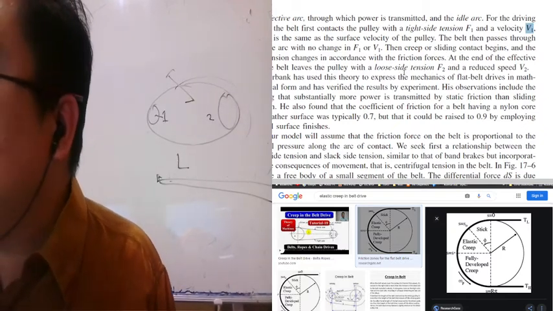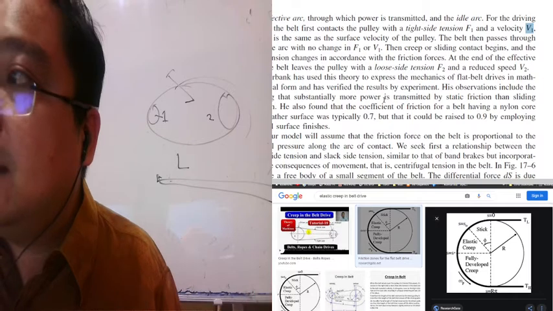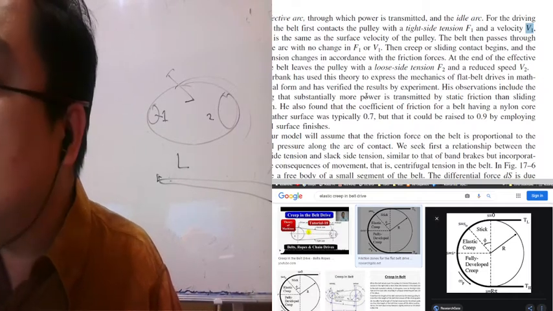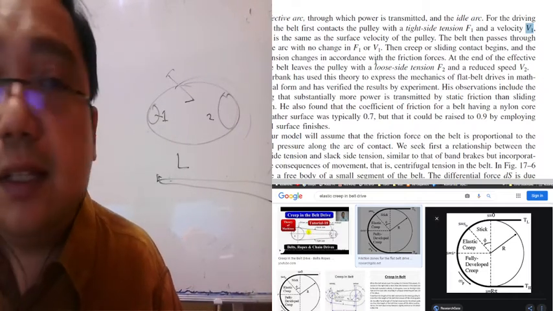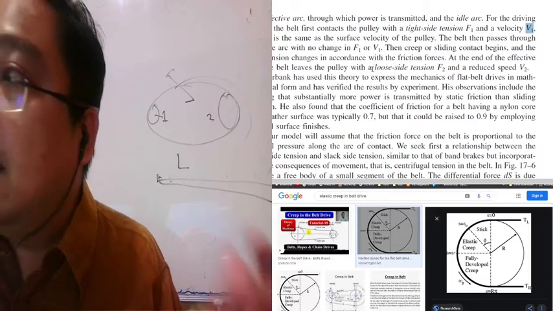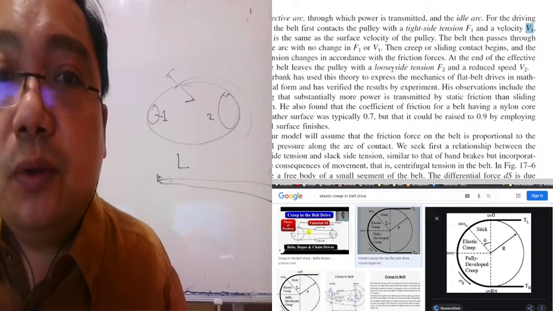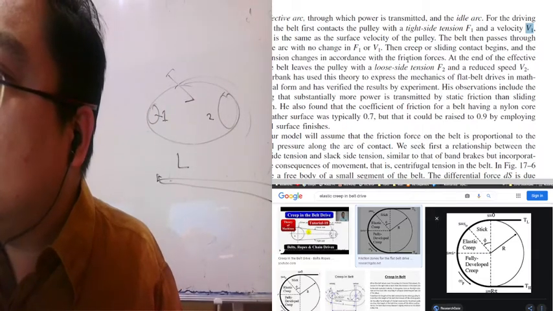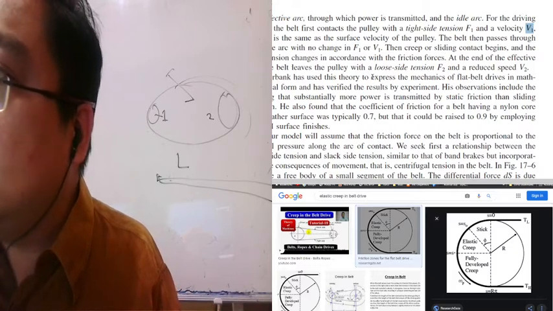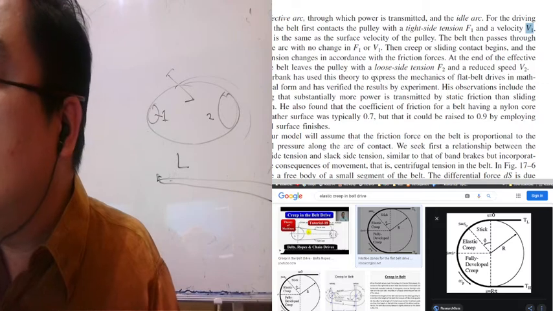Then the belt passes through the idle arc with no change in tight side tension F1 and also velocity. Then the creep or sliding contact begins and the belt tension changes in accordance with friction forces.